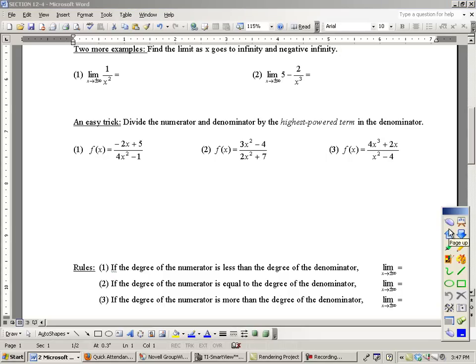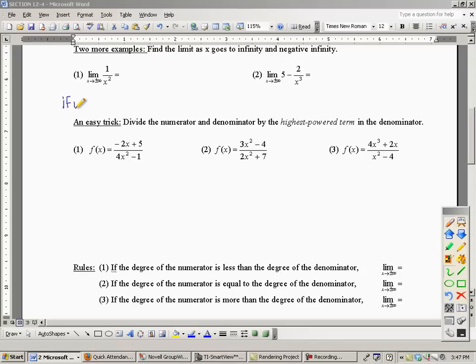What we want to talk about is the fact that as x gets really, really big, what's going to happen? Well, if I look at 1 over x squared, let's pick some really, really huge number. Like let's suppose x is 100,000.